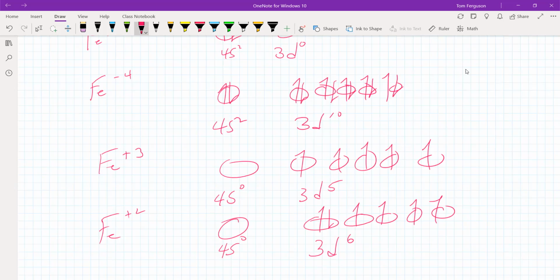Plus 3, I agree, because Fe+2 has some baggage here, since it is not half full. With Fe+3, we lose this one and these two, so we end up with half full. That's why ions form, because the resulting configuration is more stable.